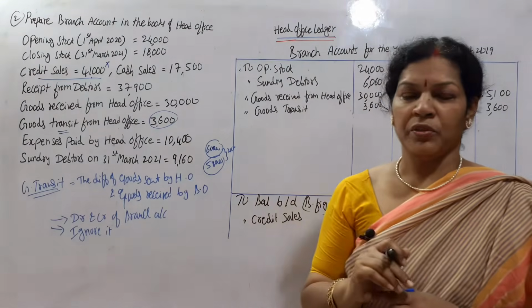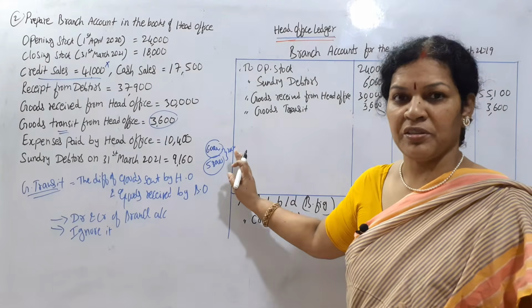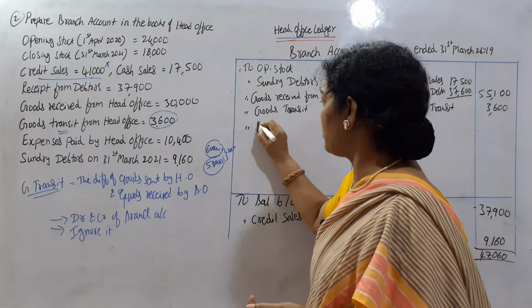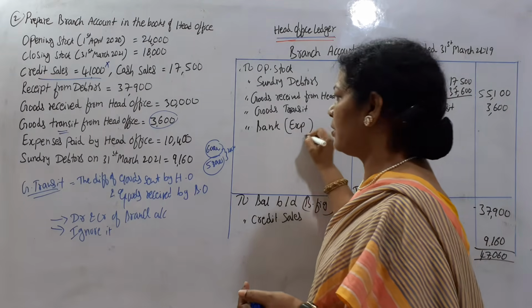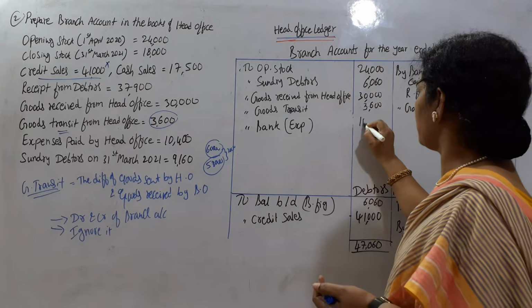Expenses paid by the head office. When expenses are paid by the head office, you will say to bank, in brackets, expenses paid by the head office 10,400.